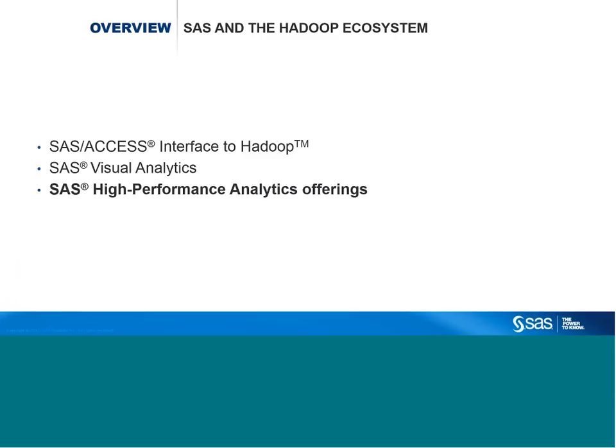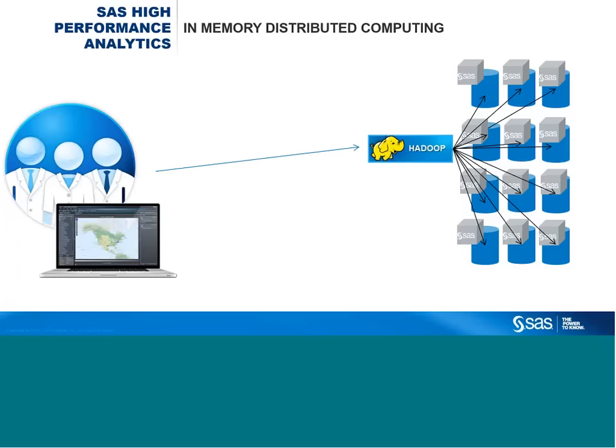From a high-performance analytics perspective, we took individual algorithms that were very I/O intensive and CPU intensive, and we rewrote a number of those to run in a distributed manner.